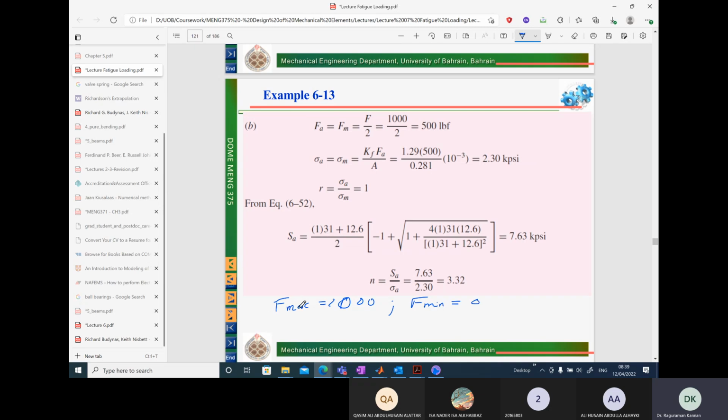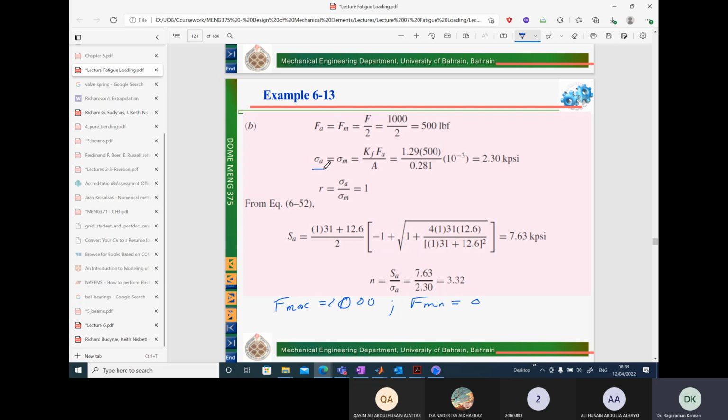That means I can calculate the F amplitude. F amplitude will be F max minus F min over 2, 1,000 minus 0 over 2. In the case of F mean value, it will be F max plus F min over 2, that is also equal to 1,000 over 2. So both are equal to 500.